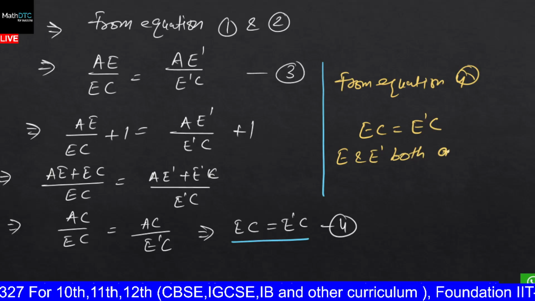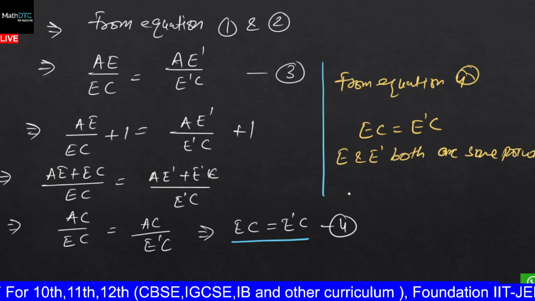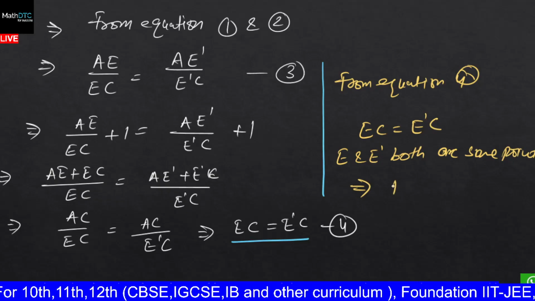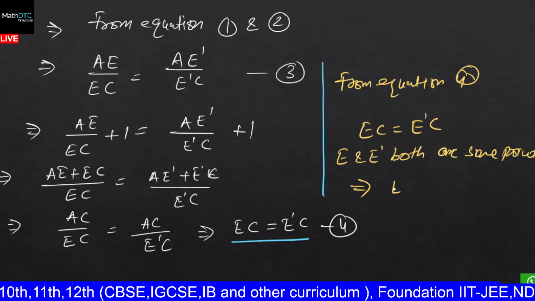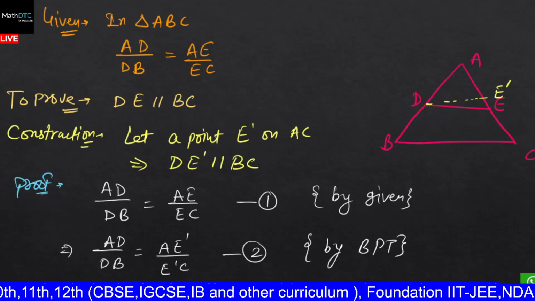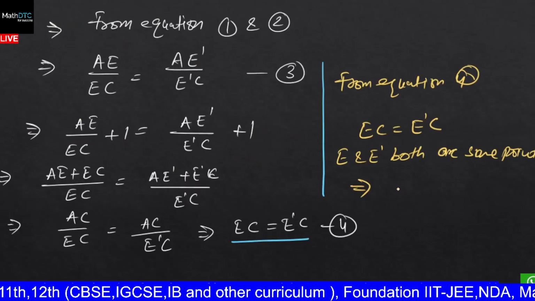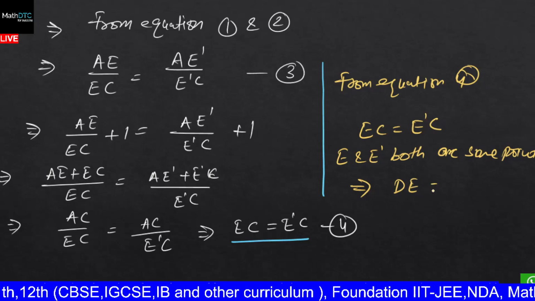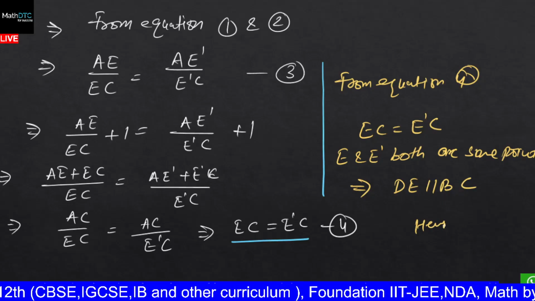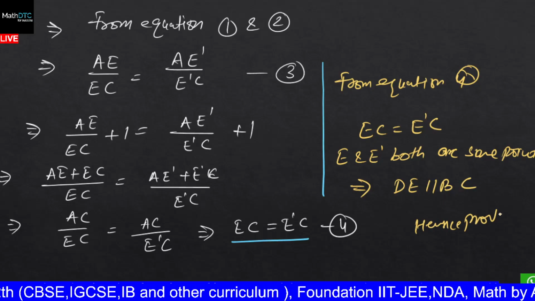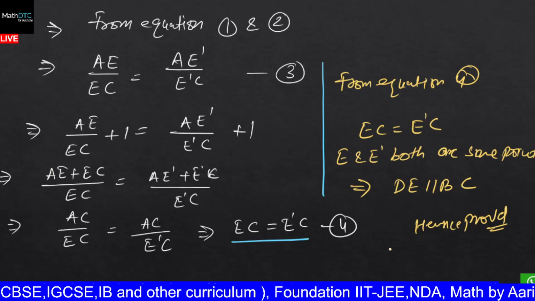So from the diagram, we have DE is parallel to BC. We needed to prove this theorem, hence proved. Okay, so this is what we were proving. This is the end of the question.